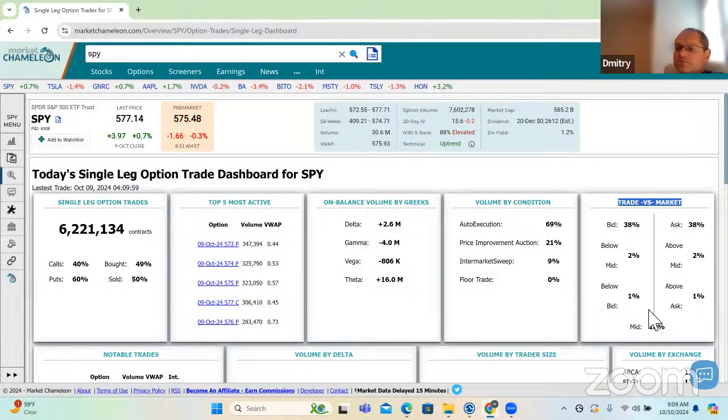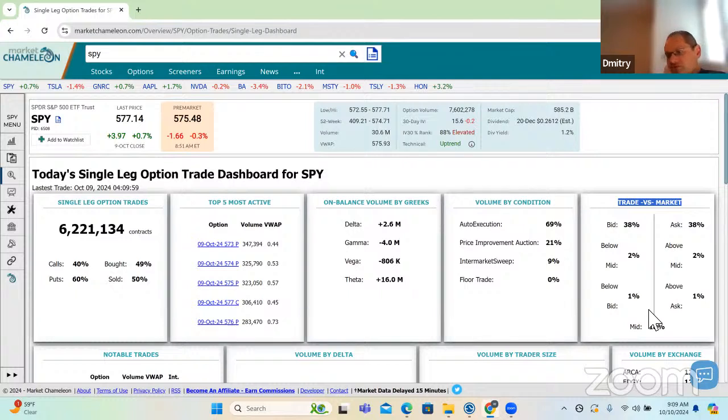And one of them is looking at the trade price relative to where the bid and the offer or the quote was relative to where the price of the trade occurred. So the idea there is to see how the order flow was in general coming in.